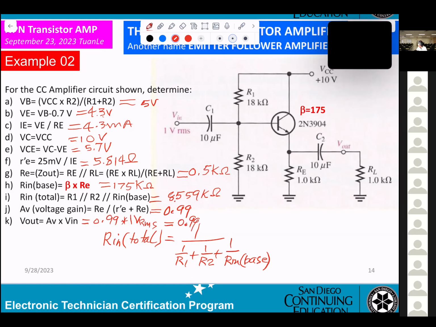Okay, so little r'e is 5.814, right? Plus RE, which is 1 kilo ohm.